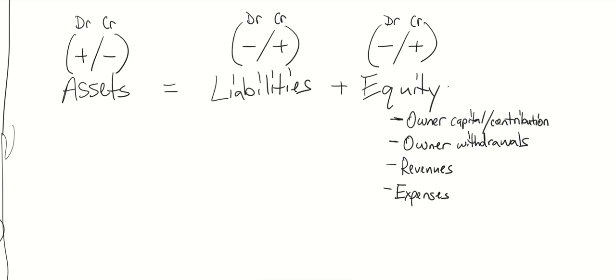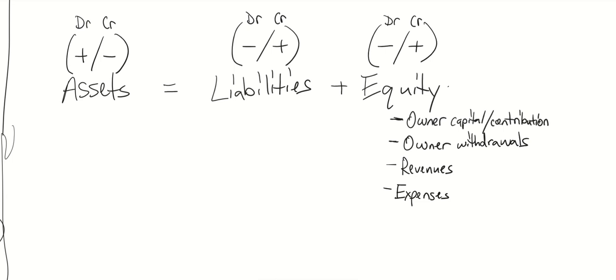I want to say in Latin, the word debit comes from something like debere, which has an E in it and means to owe. So that's where the DR comes from. Even I was wondering what DR has to do with debit. Okay, so DR stands for debit, CR stands for credit.